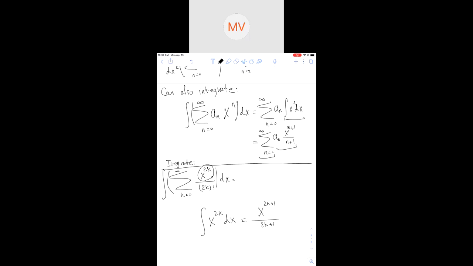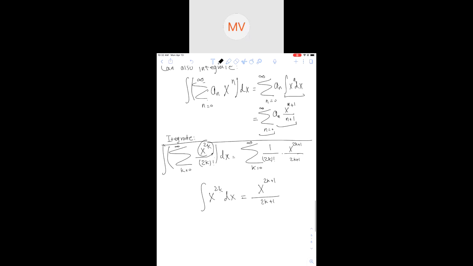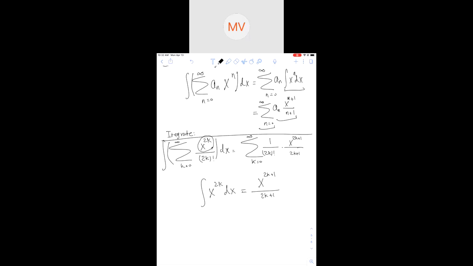So this series then becomes the summation of 1 over 2k factorial times x to the 2k plus 1 over 2k plus 1, k starting from 0 to infinity. Question on that one? Now I'm going to simplify this. We're not done yet.